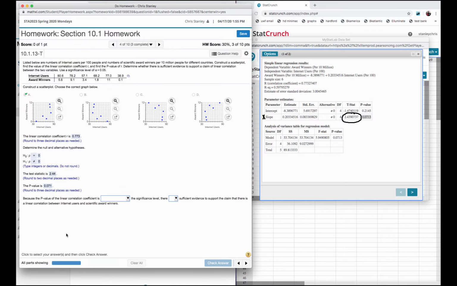Okay, so now we need to make our decision. And if you did the lesson, this is similar to what we did in chapter 9. But if the p-value is greater than alpha, in this case alpha is 5%, so this is true, it's going to be a fail to reject, which means we do not have evidence of linear.